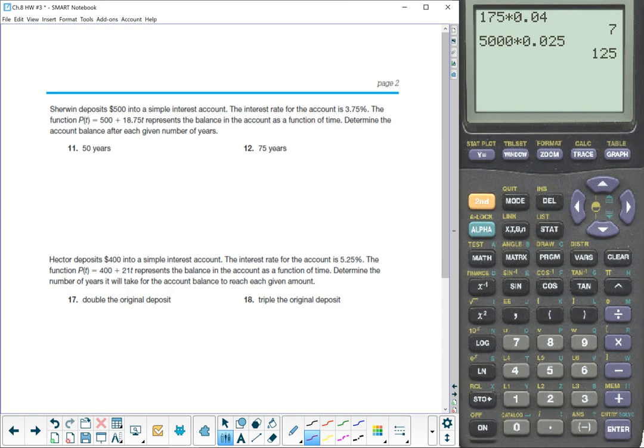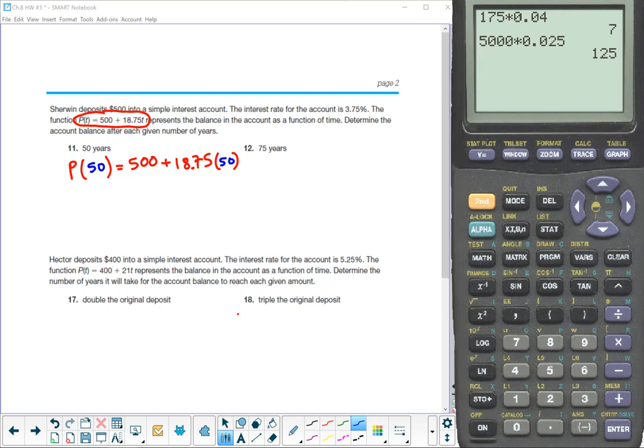Okay, Sherwin deposits 500 in a simple interest account. Interest rate is 3.75%. The function determines the balance after the game. On these, they already give us what we want, which is the P of T. So they give us our equation, and all we have to do is copy it down. This time we want to know for 50 years. So P of 50 equals 500 plus 18.75 times the T, which is 50.